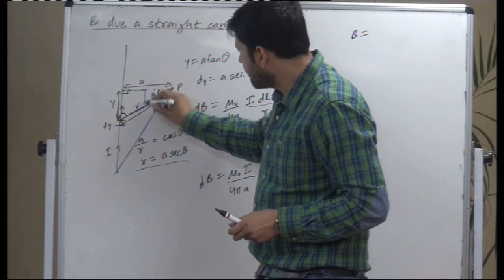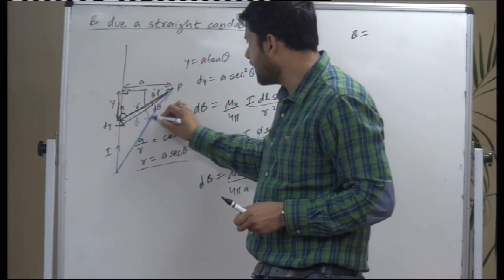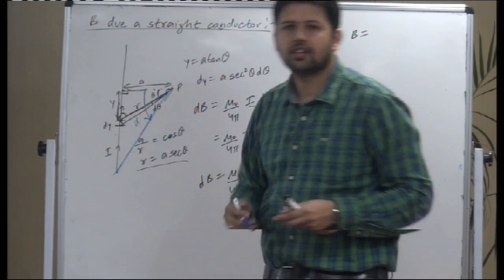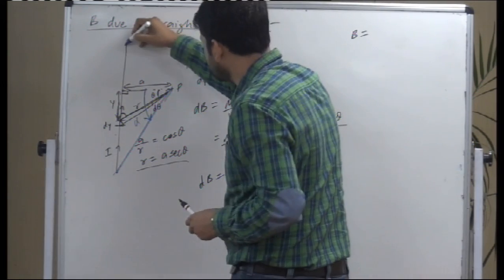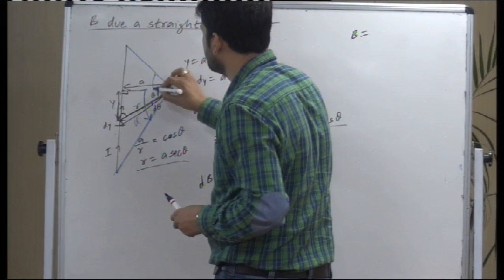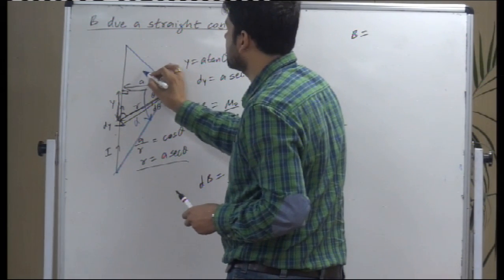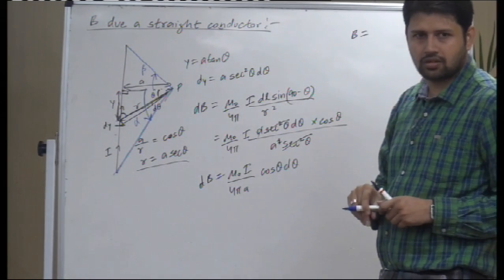Let this angle be alpha, and it is in anti-clockwise sense. Let's join this angle. This is beta, but this is in clockwise sense.